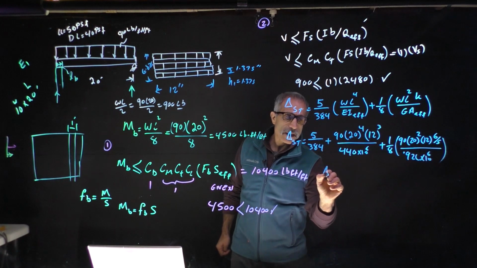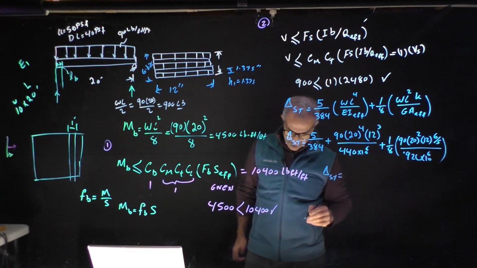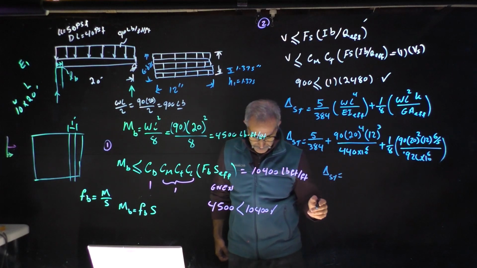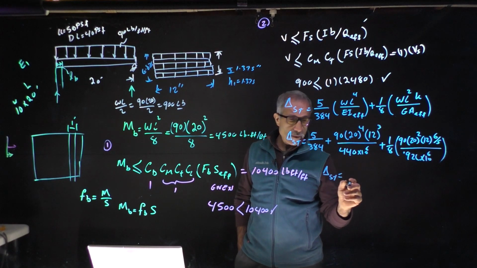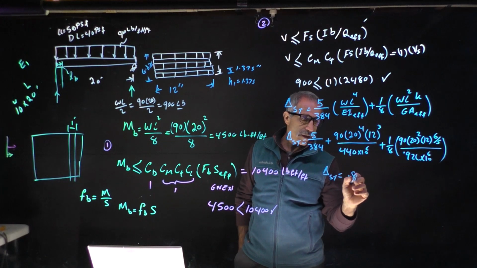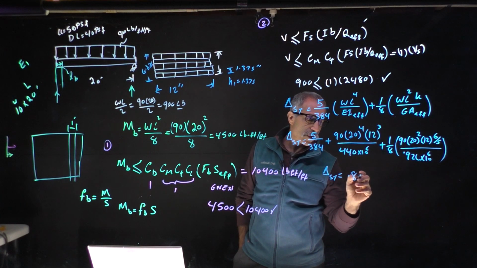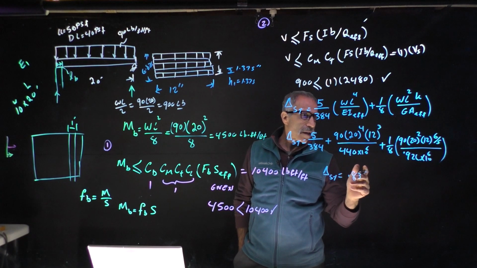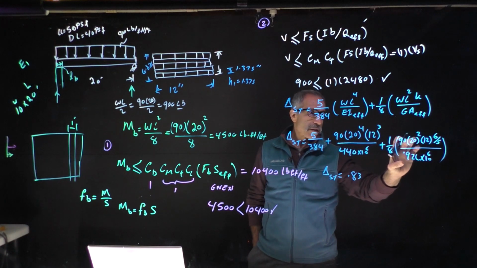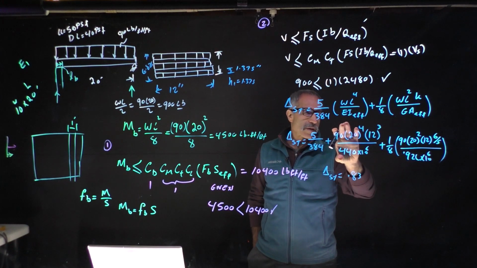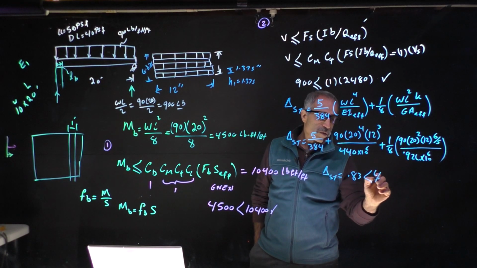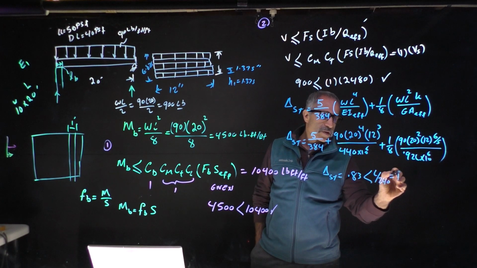So my delta comes out to, I don't know, 0.8 something. I think 0.73 plus 0.8 something. Double check this number. I think 0.83, I didn't bother calculating it, but I did this one. This is really not much here, so this is the one you really want to worry about. So that comes out to less than, if you want to do L over 240 for 20 foot, which is 1 inch, it's okay.